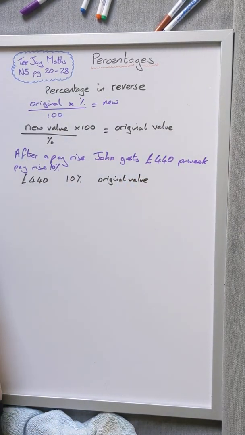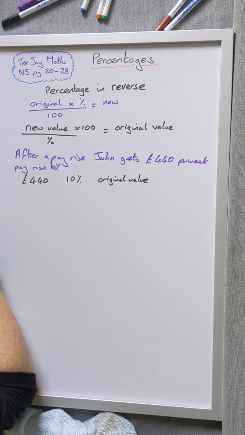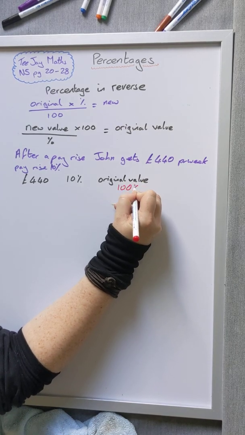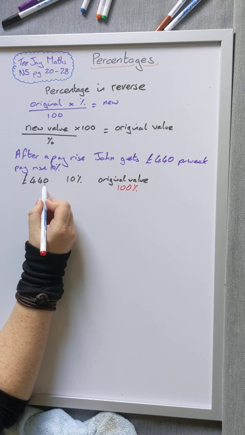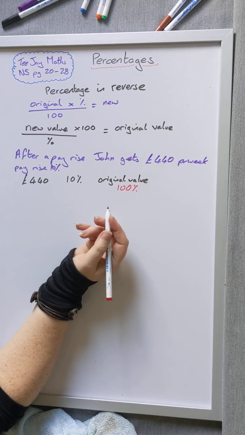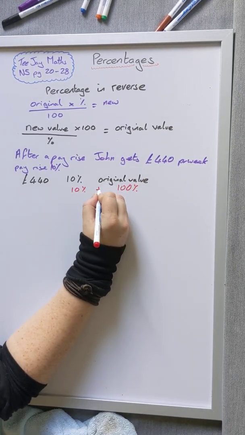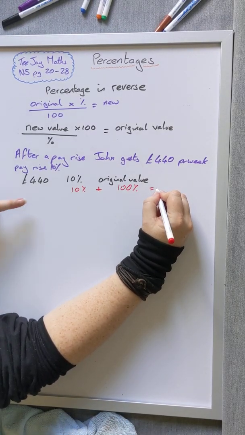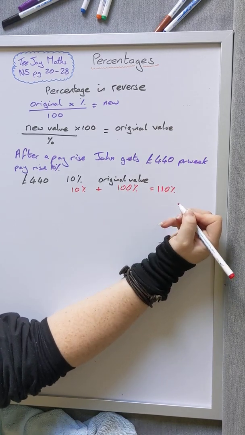Okay. Our 100%, our value we were originally looking for, is here. Our 440 is after the pay rise. A pay rise is going to be an addition. So we've got our 10% plus our original. So he's actually got a value of 440 is the same as 110%.